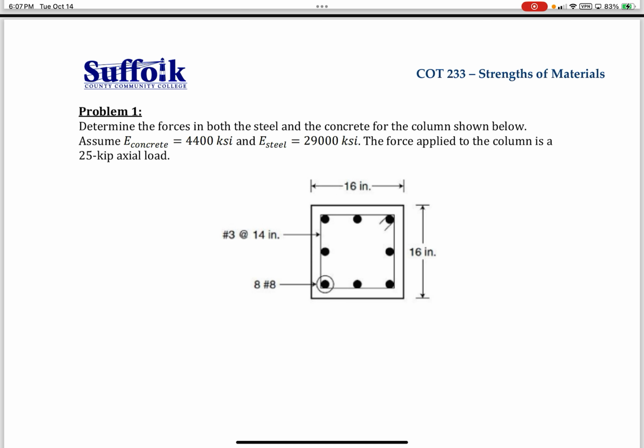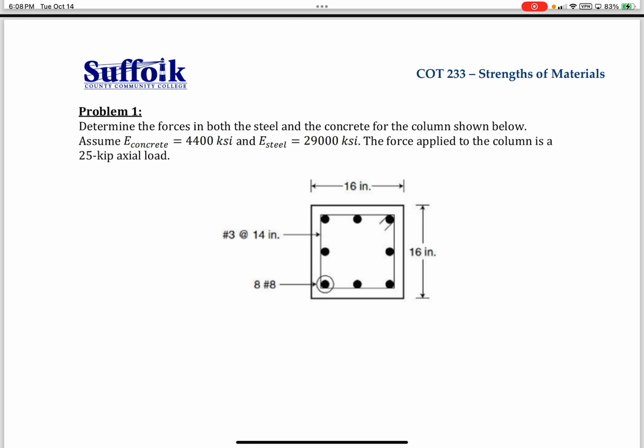Most times. Once you get to number 10, you can't really apply that rule because 10 over 8 is not equal to 1.27. It's off by 0.02 inches. But yeah, the area of the number 8 bars is just going to be 8 times 0.79.